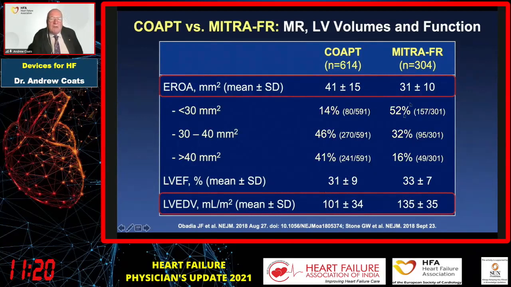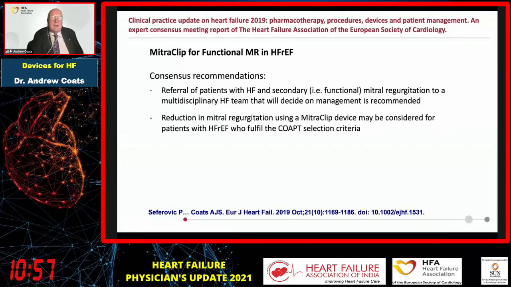It was 135 in MITRA-FR. So MITRA-FR had much bigger ventricles, but less regurgitation. COAPT had less enlarged ventricles and more severe mitral regurgitation. So the extent to which we can extrapolate between trials, it does appear the MitraClip is probably preferable when the LV is not that enlarged, but when the MR is particularly severe.